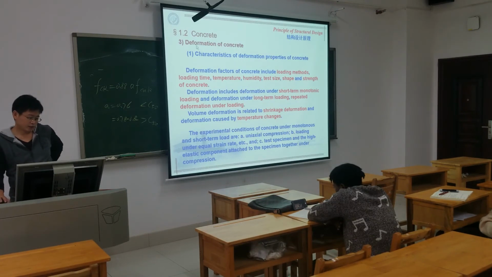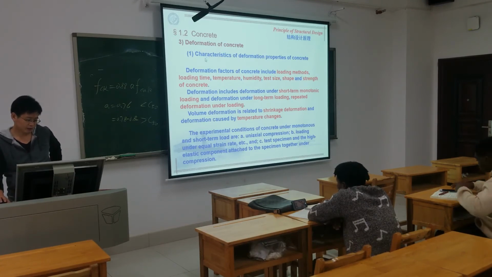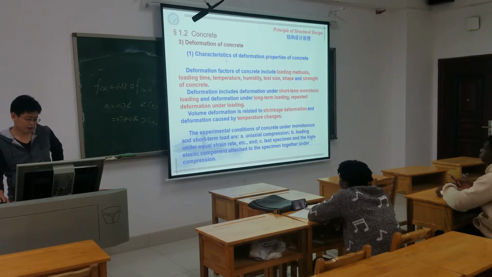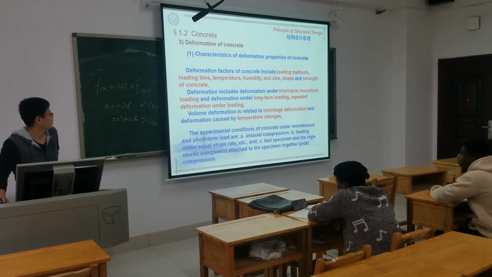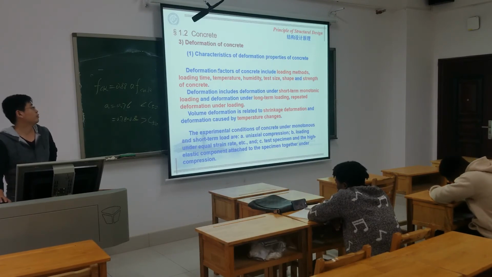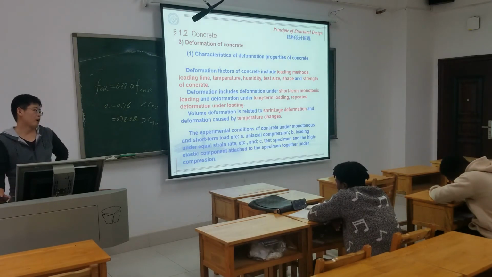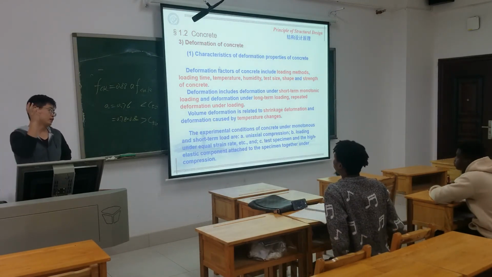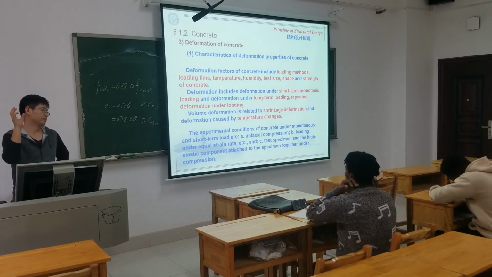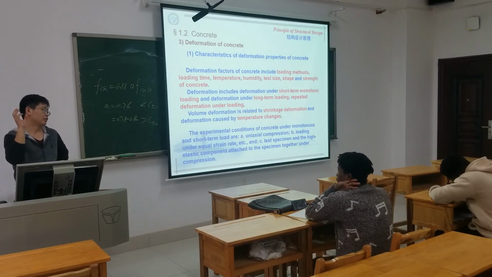And then the second, we see the deformation properties of the concrete. For the concrete, there are actually two types of deformation. One is induced by force, by load. Another one is induced by natural characteristics.